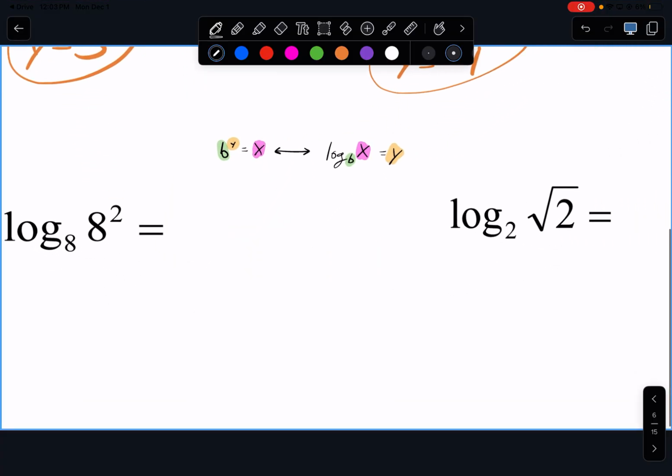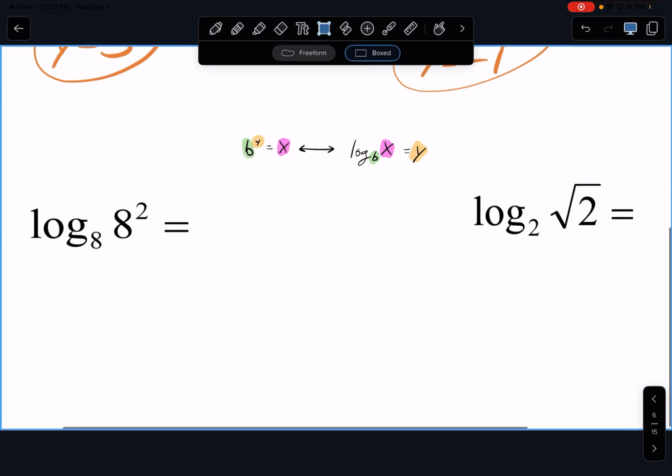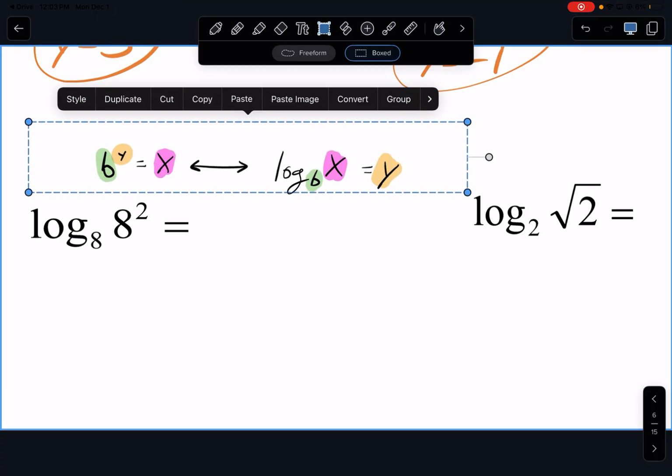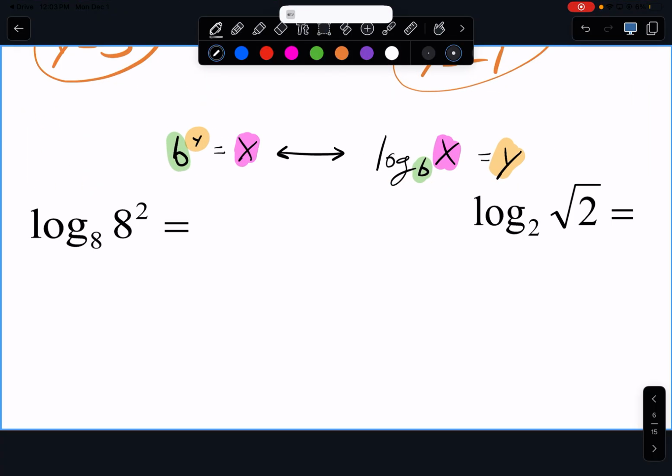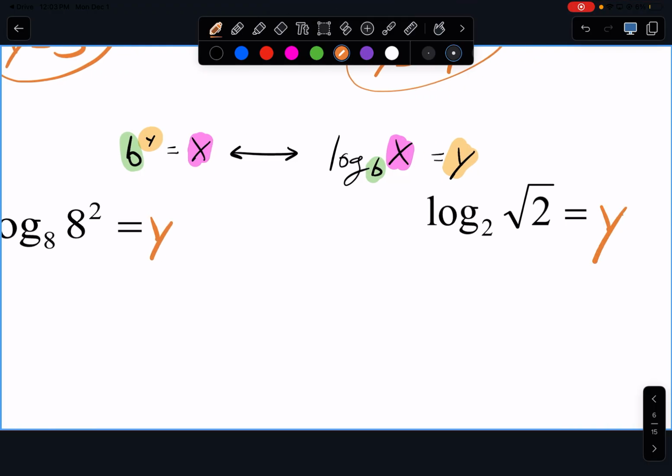All right, let's do these two down here now. Remember, on both of these, we're missing the y. So we're going to put y there, y there.